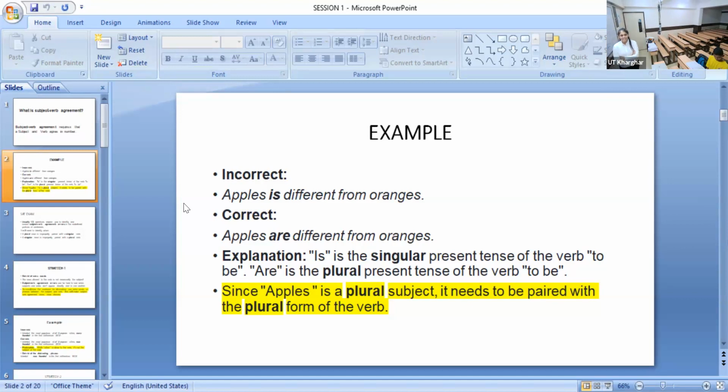Adi has a question. Yes, ma'am. He or his friends are to be blamed. One is singular and the other is plural. So what will come? Any guesses?